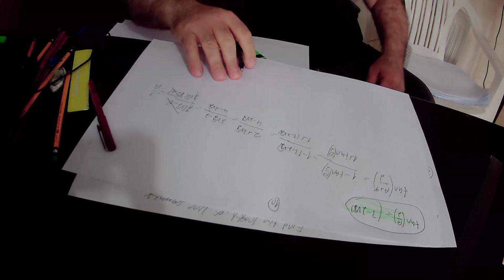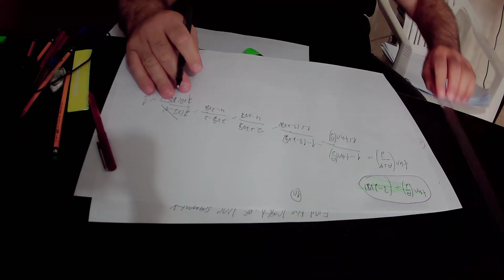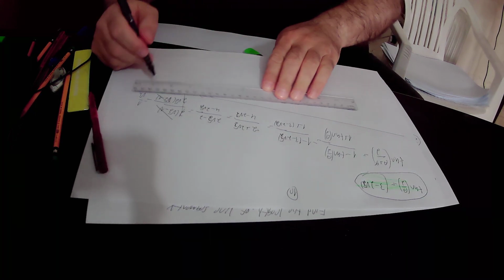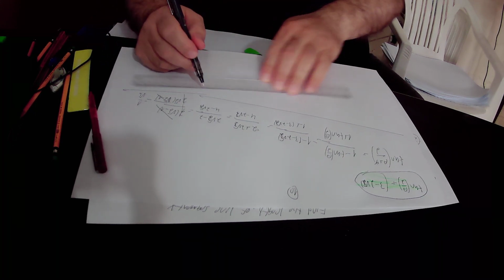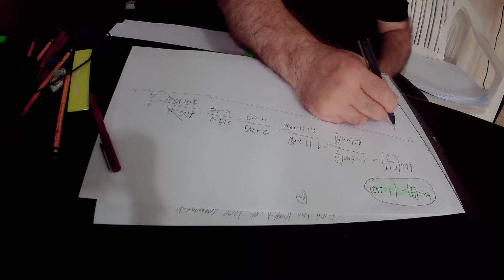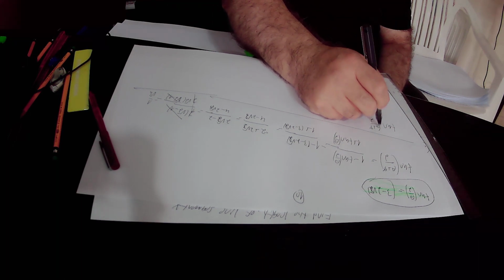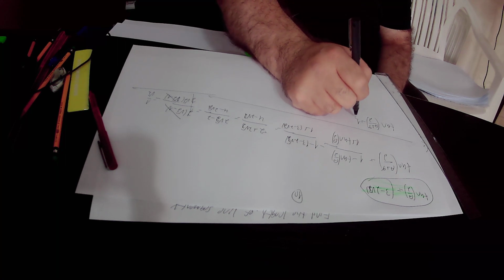So in conclusion, we found out that the value of tangent theta plus alpha over 2 equals 1 over square root of 2.